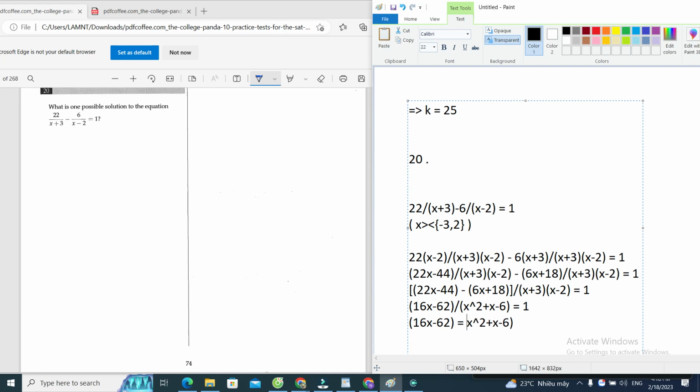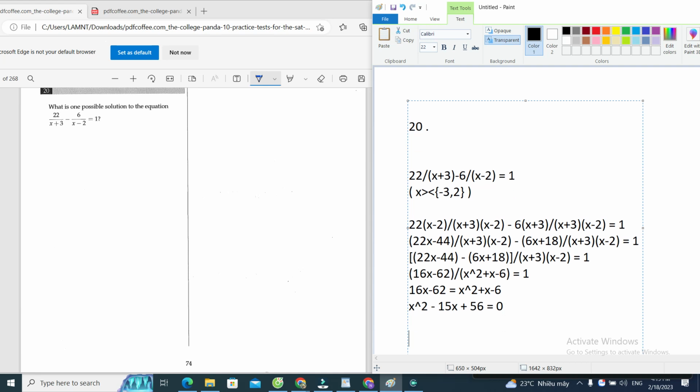So these two terms are equal, and we can change things around a little bit. So we have x squared minus 15x plus 56 is equal to 0. This is equal to x minus 7 times x minus 8 is equal to 0.